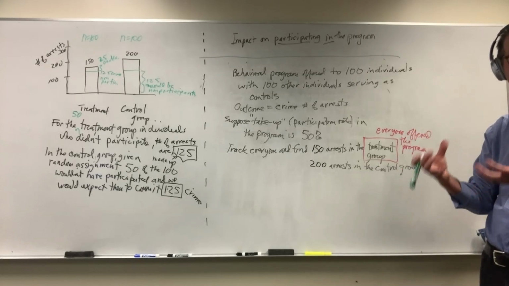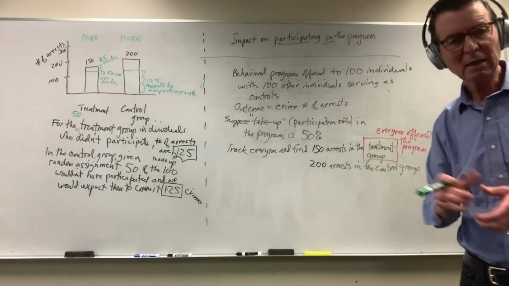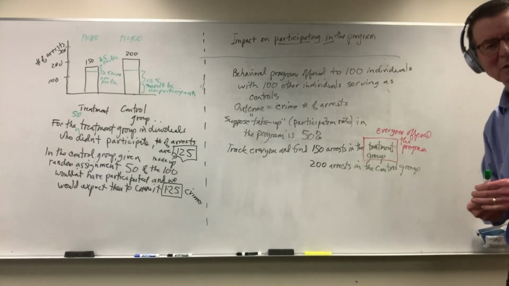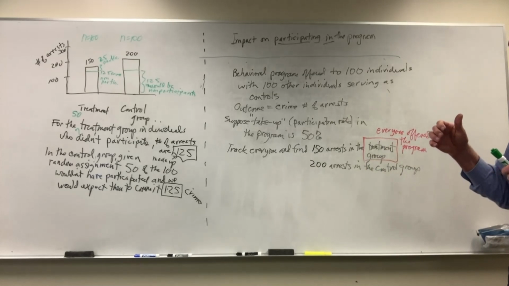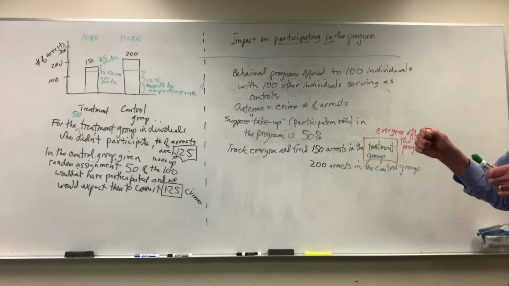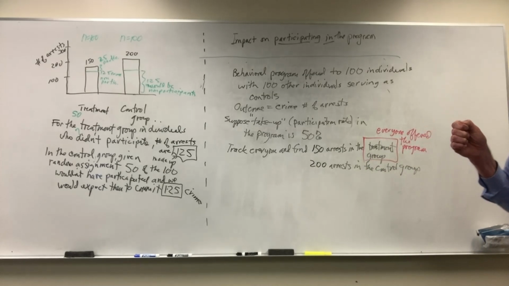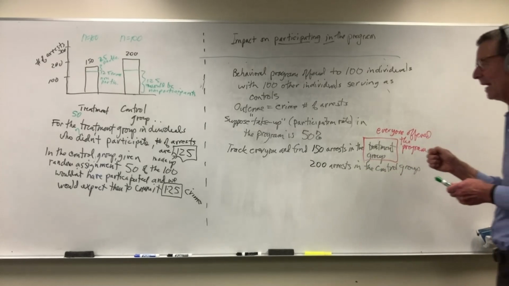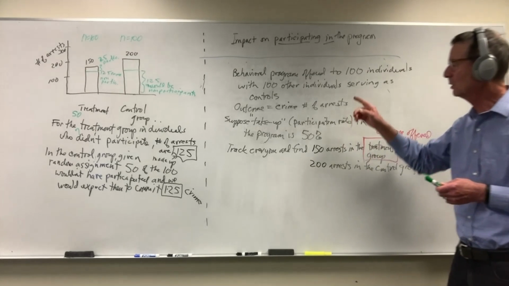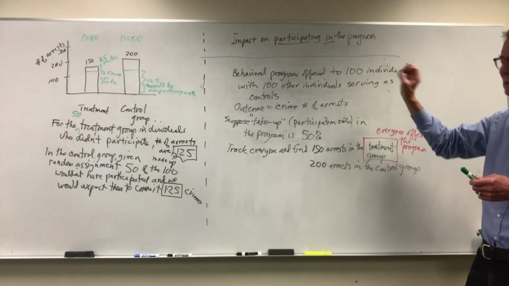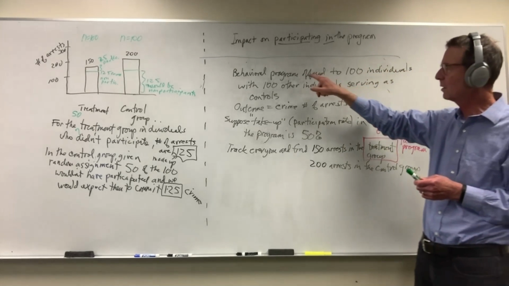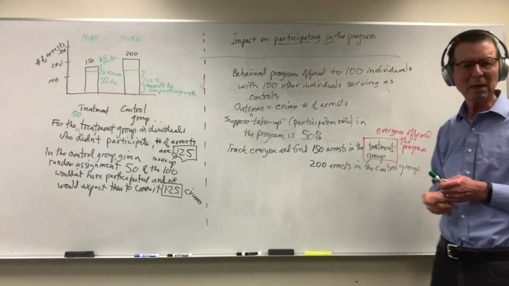Both groups are balanced in terms of where they live and what the neighborhood conditions and police conditions are. So it's not trying to understand who gets arrested at all. It's just counting up the number of arrests and trying to relate differences in arrests between the treatment group and control group to get a causal impact of this behavior program.